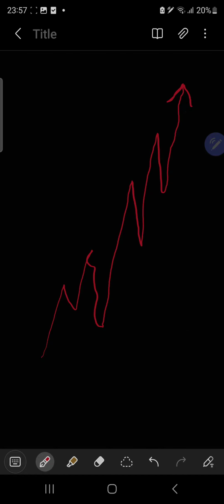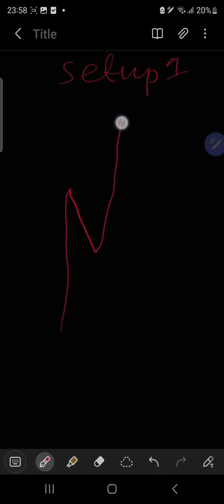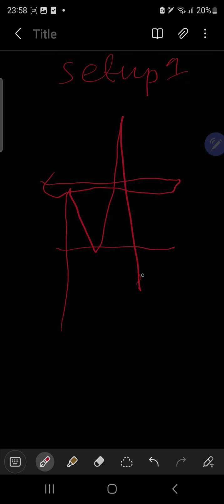So in this video we will be talking about three setups. Let me give you the first example. Setup one: the market went up, it broke this neckline, then you mark these highs. Then you wait for the market to come up, you sell here, and your stop loss would be above this.